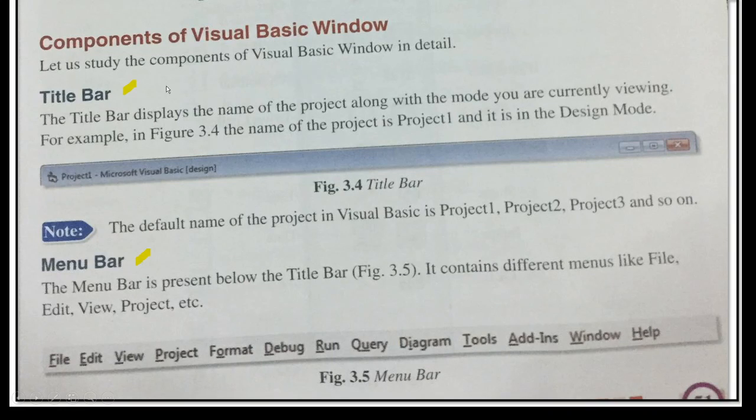What are the components of the Visual Basic window? Number one, the title bar displays the name of the project along with the mode you are currently viewing. For example, the name of the project is Project1 and it is in the design mode.